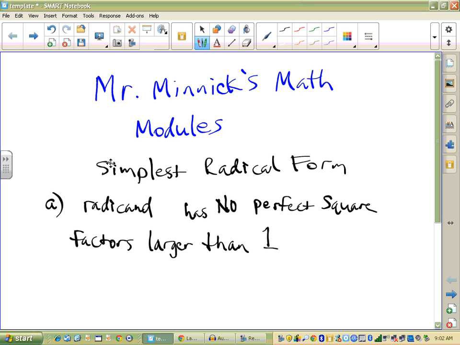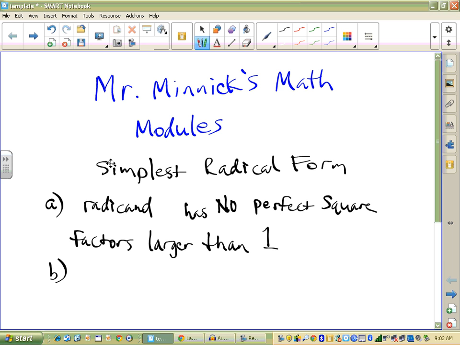Okay? So in other words, you have to kind of consider the factors of the radicand. You have to know your perfect squares. If there are any factors in the radicand that are larger than 1, then what we're saying is the number is not in simplest radical form.